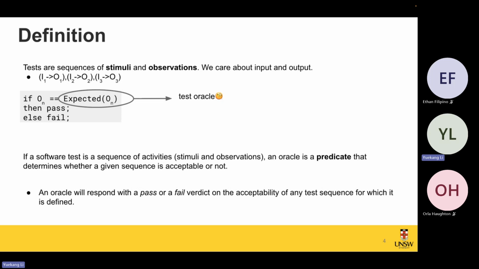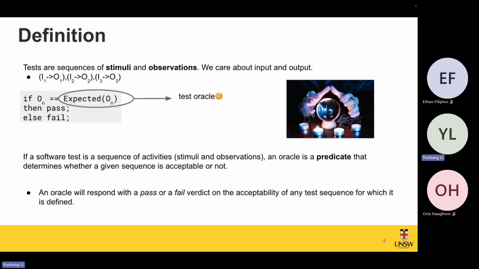This is the definition of test oracle, which is quite straightforward. When talking about oracles, we may think of fortune telling, like predicting the future. Because it's like predicting something, it's actually a predicate here.